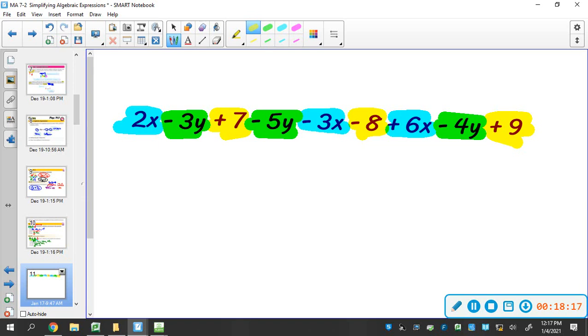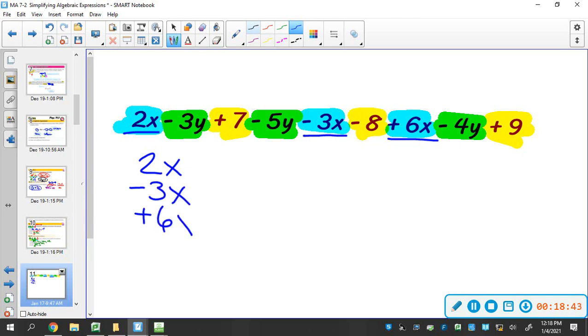Now, we're going to try to put them all together. Okay? So there's a couple ways you can do this. You can just think through it in your head. Okay, 2x minus 3x plus 6x. But for some of us, that might be more difficult to do. So if you need to write this out, you're going to write it out. Okay, I have my 2x, then I have a -3x, then I have a +6x.